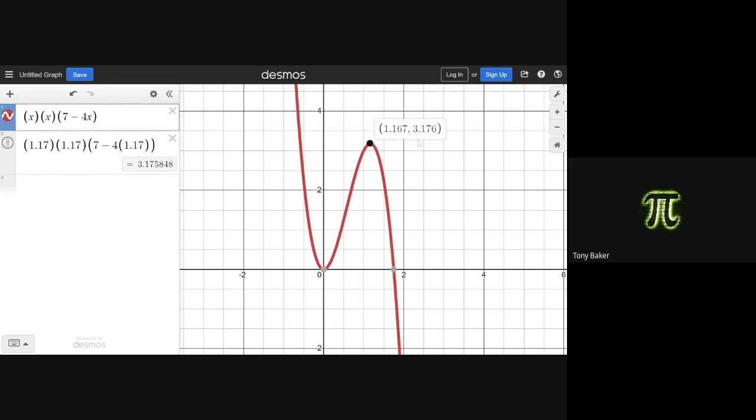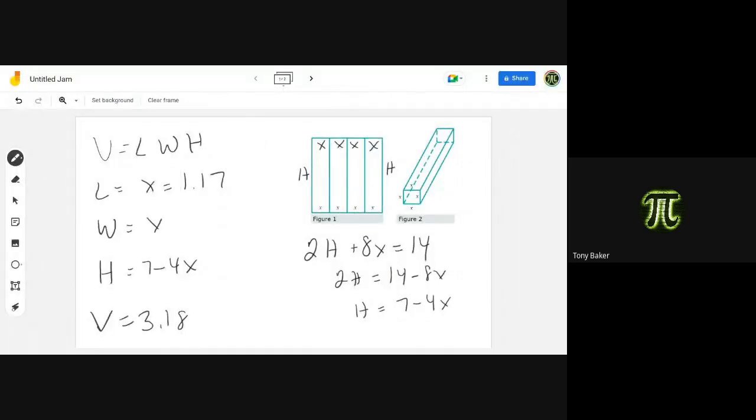Actually, if I thought of that before, it's the Y value there. So you already had it anyway. So it's 3.18. The key with all these is literally just coming up with your length, width, and height.